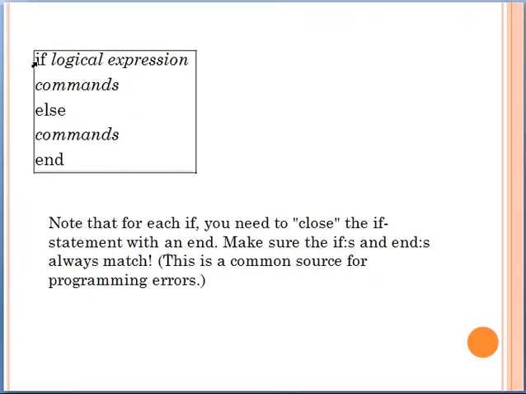Here, I am starting the expression with if and correspondingly, I have ended it also with end. Make sure that the ifs and ends always match. If I am using n number of ifs, I have to use n number of ends also. This error is very common.